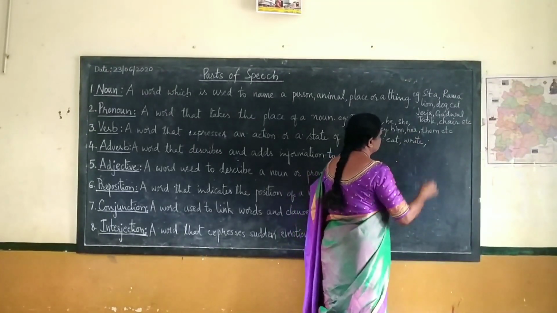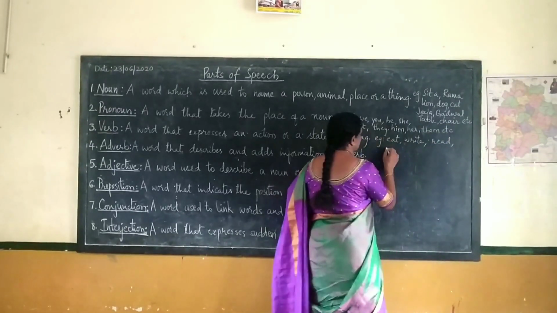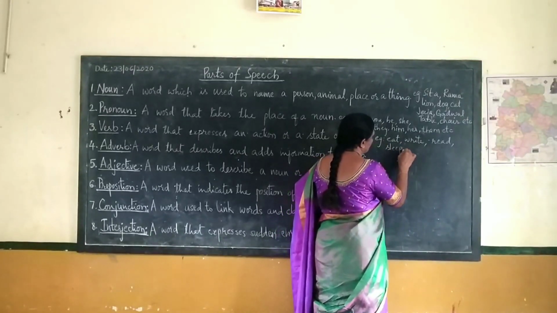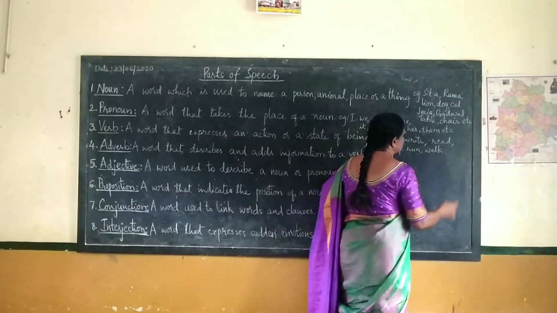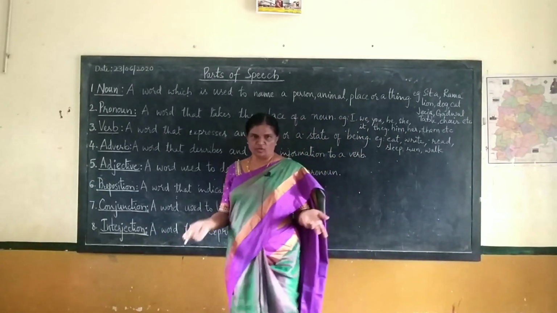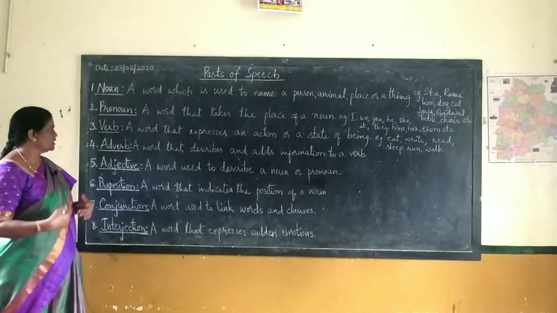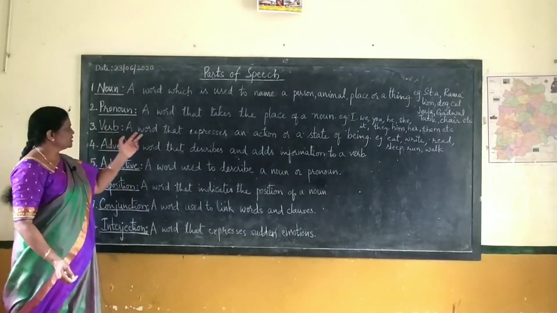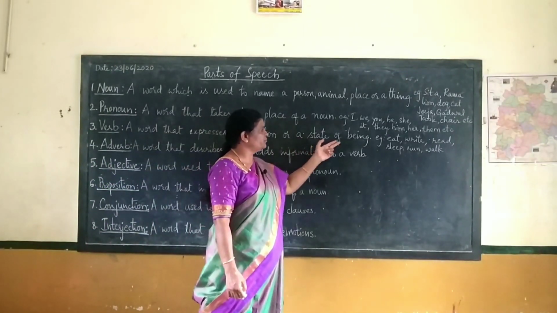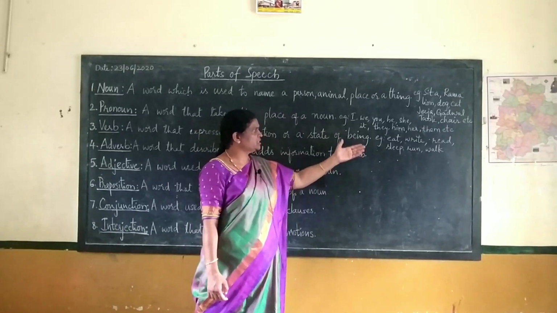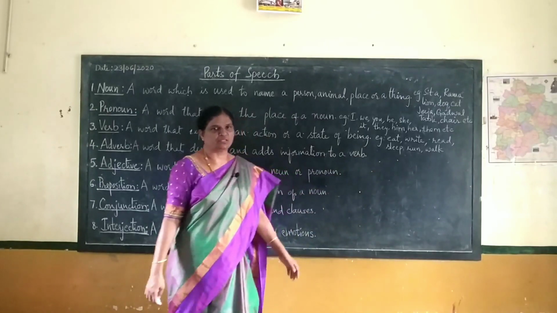Write. Read. Sleep. Run. Walk. There are thousands of verbs. So, these are examples for verb. A verb is a word that expresses an action or a state of being, like eat, write, read, sleeping, running, walking, etc.